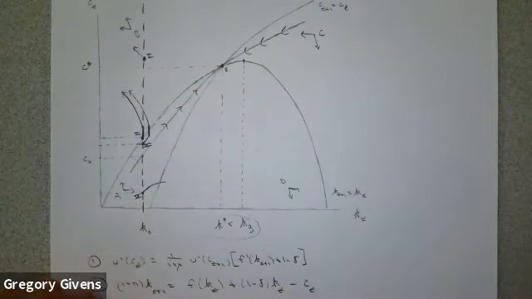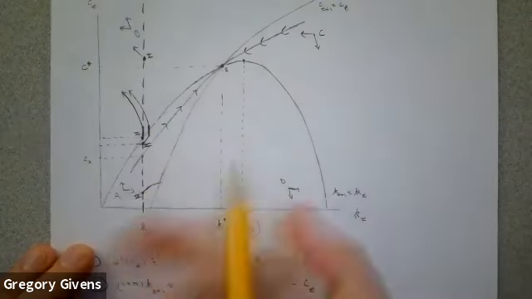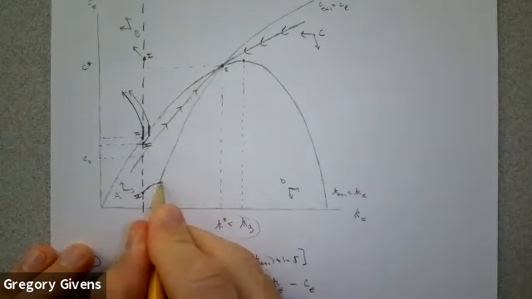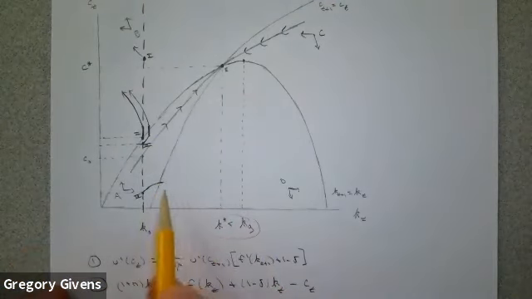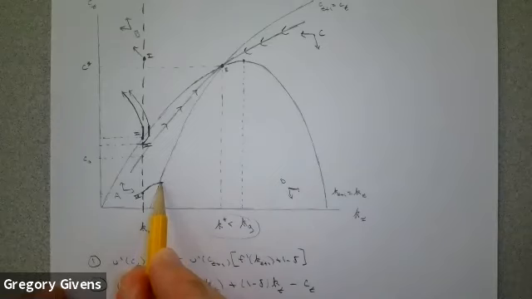Now, I didn't quite draw that correct. Once we cross the CT locus, however, we're in region D, right? And so what direction are we going to be moving then? We're going to be moving southeast, okay?